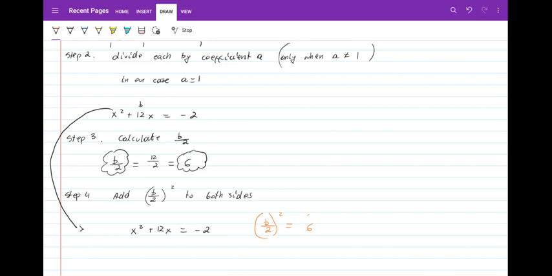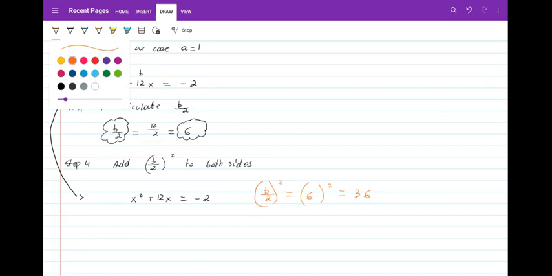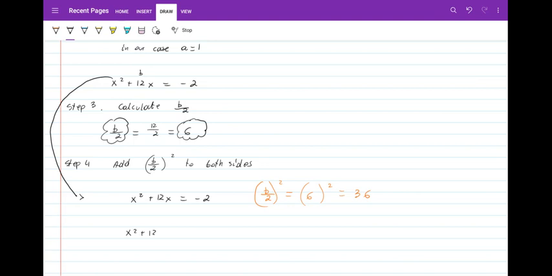Now we need to square it. So that will give us 36. In our case, we're going to add 36 to both sides. So we have x squared plus 12x plus 36 equals negative 2 plus 36.